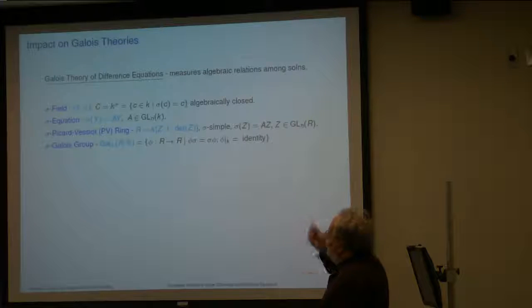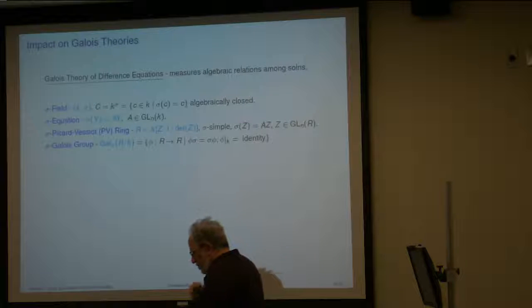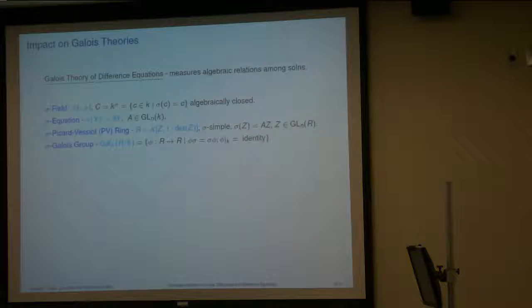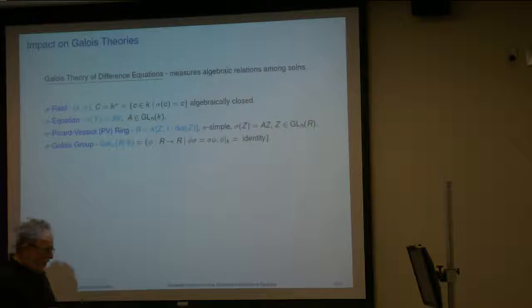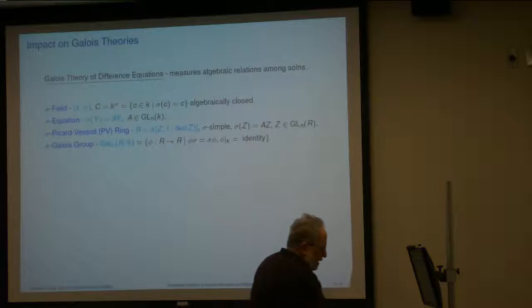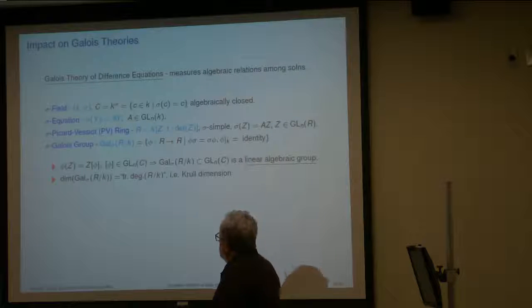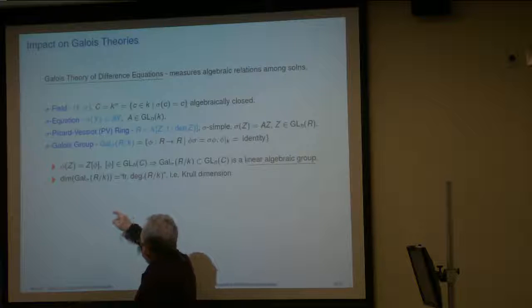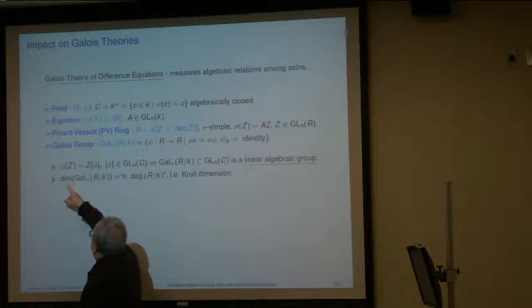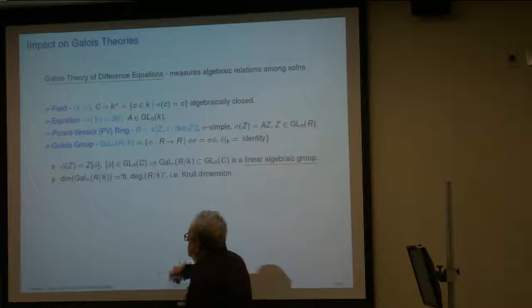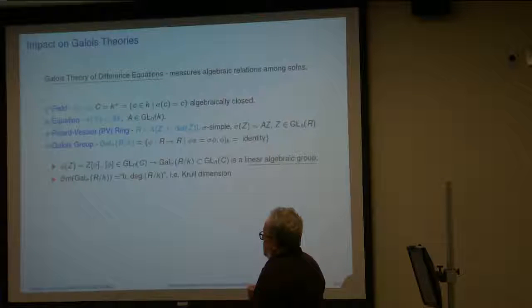Then the Galois group is the group of automorphisms of the ring that commute with sigma. I don't want to go into the finer structure because it's not necessary. So the Galois group can be identified with a linear algebraic group. Think about it for a second. If you apply an automorphism to the solutions, you'll get solutions back, so they must come from your original solutions by some change of basis.